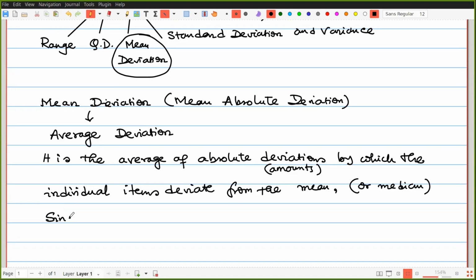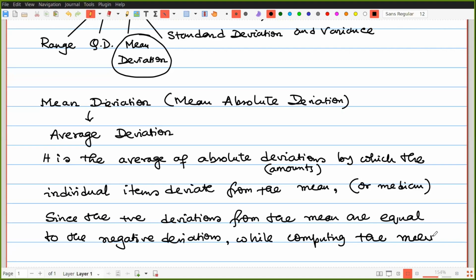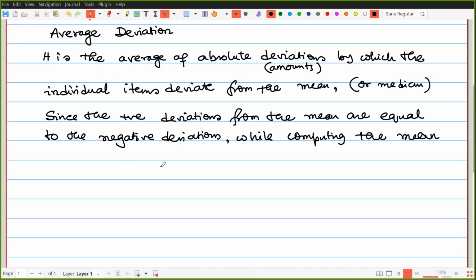Since the positive deviations from the mean are equal to the negative deviations, while computing the mean deviation, we ignore positive and negative signs.